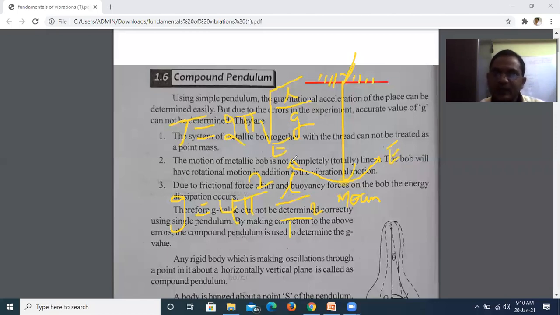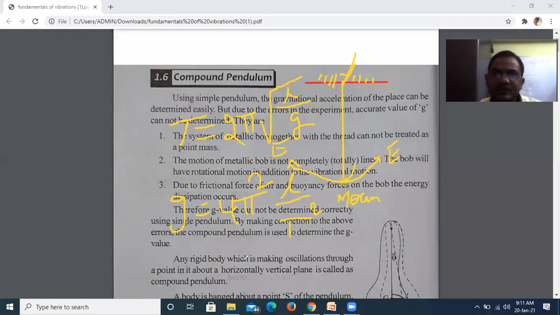If you consider the time taken to reach from one extreme position to the second extreme and come back to the same extreme position, that time duration is called the time period, the time taken by the bob to complete one oscillation.